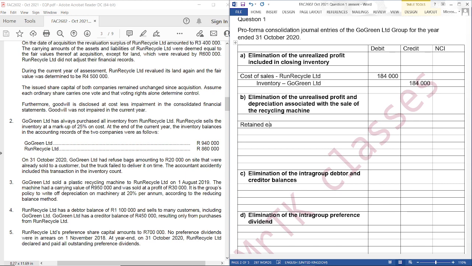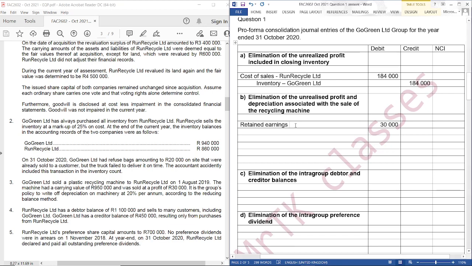Retained earnings has a credit balance, so once we debit it, we are decreasing it.